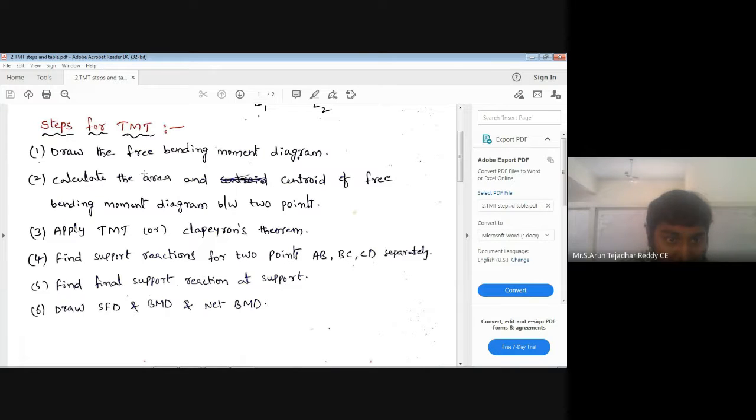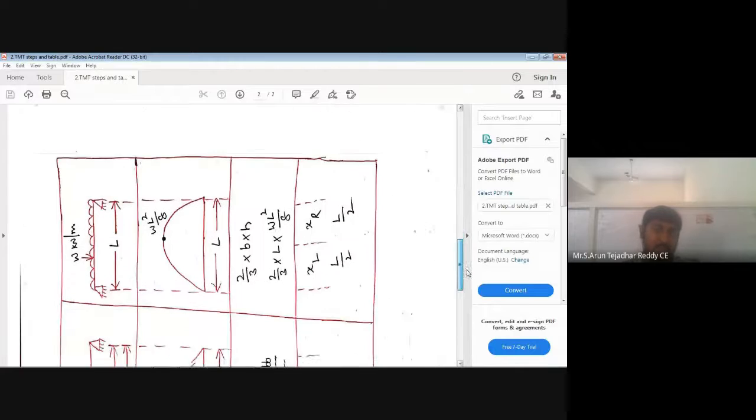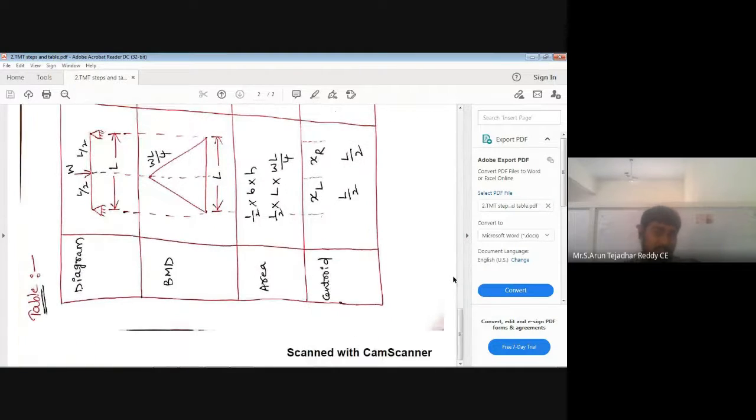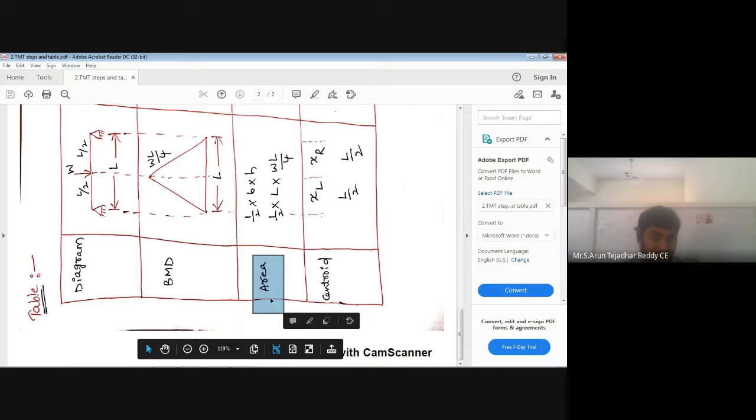Next, in that second step, what is the continuation? After completion of the area, the next process is the centroid of the free bending moment diagram between 2 points. We also have some standard tables for centroid as well as area. See, we have already completed our area.